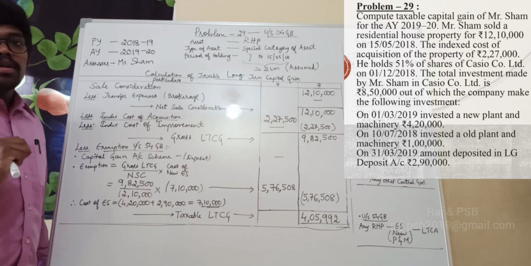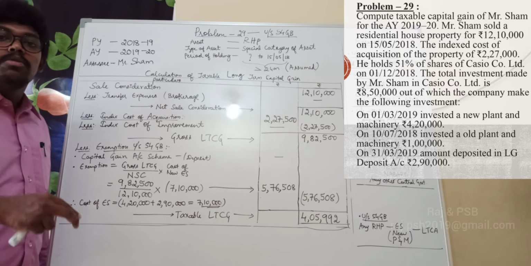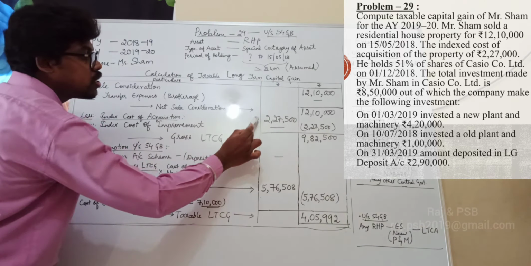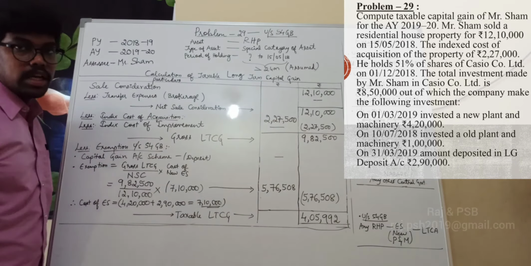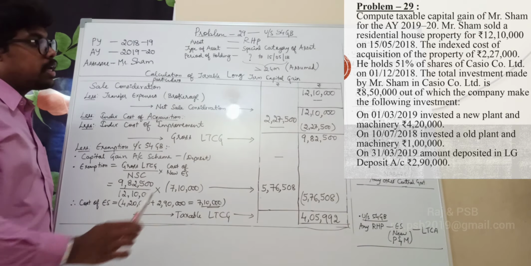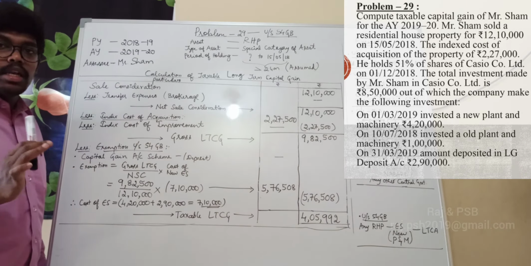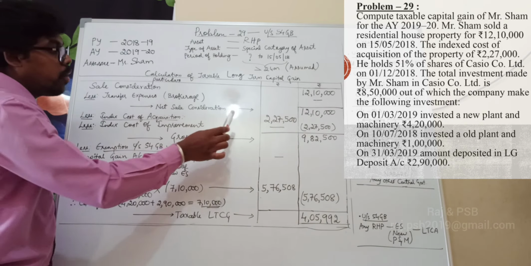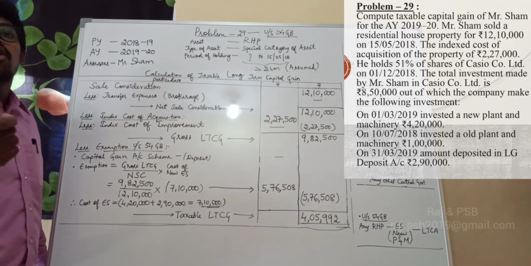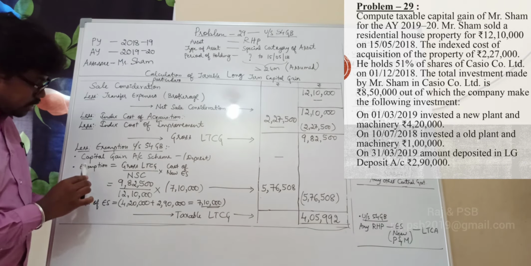One, when cost of acquisition is more than sales consideration. So when cost of acquisition is more than sales consideration, then the full amount will be exempted. But is it so here? No, it is less. So the second criterion is when cost of acquisition is less than sales consideration, the formula applies. What does that formula say?